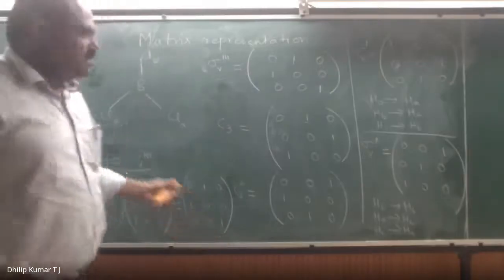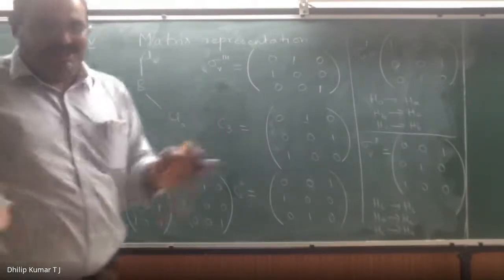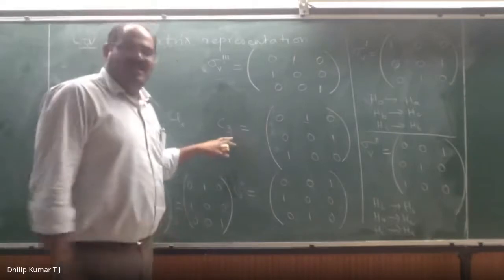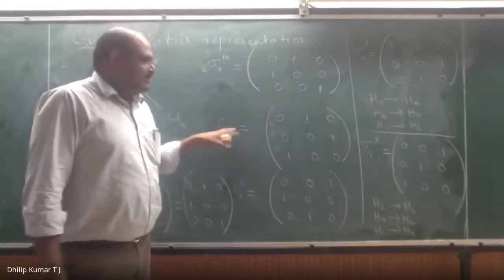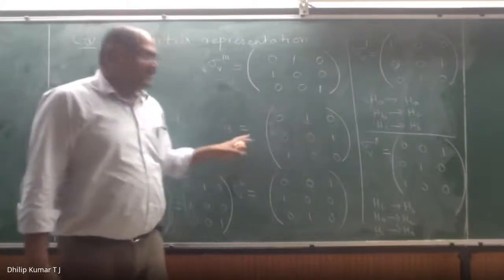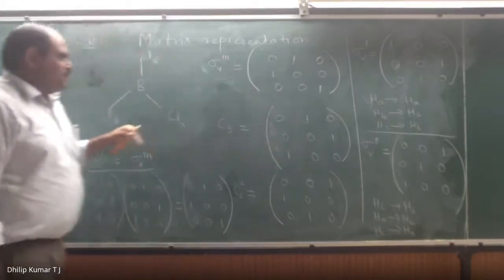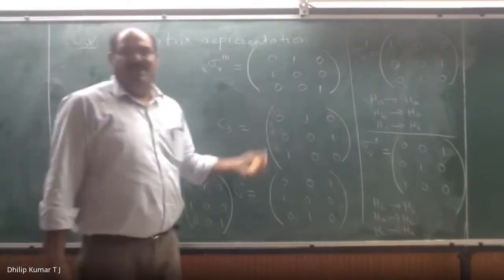Yes, C3s and sigma V's are the same actually, but they also have C2s. C2 is also there, yes. C3 may be the same, but this C3 is for the ammonia molecule. The matrix representation of C3 is for the ammonia molecule or C3V point group. So it will be different for different molecules.